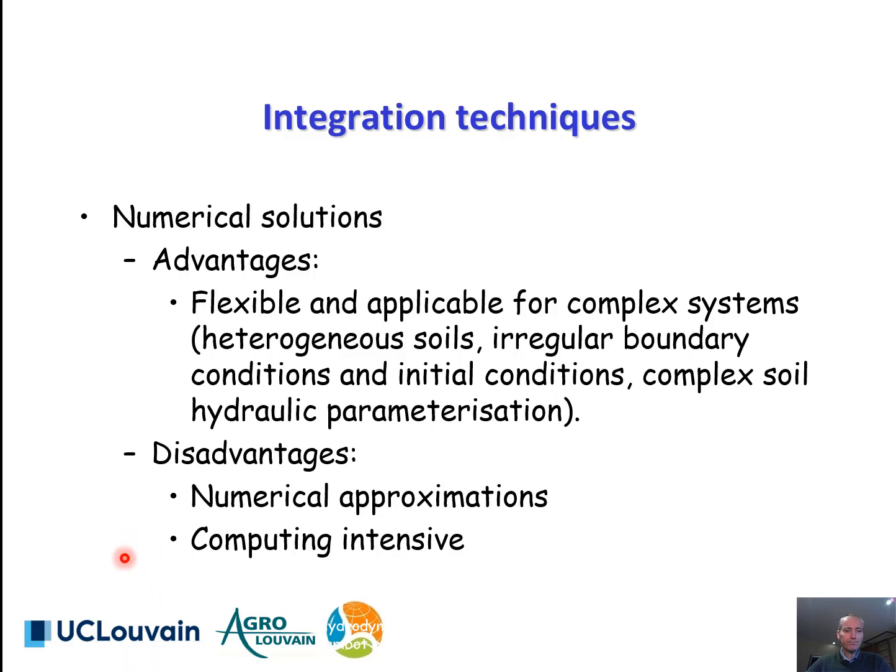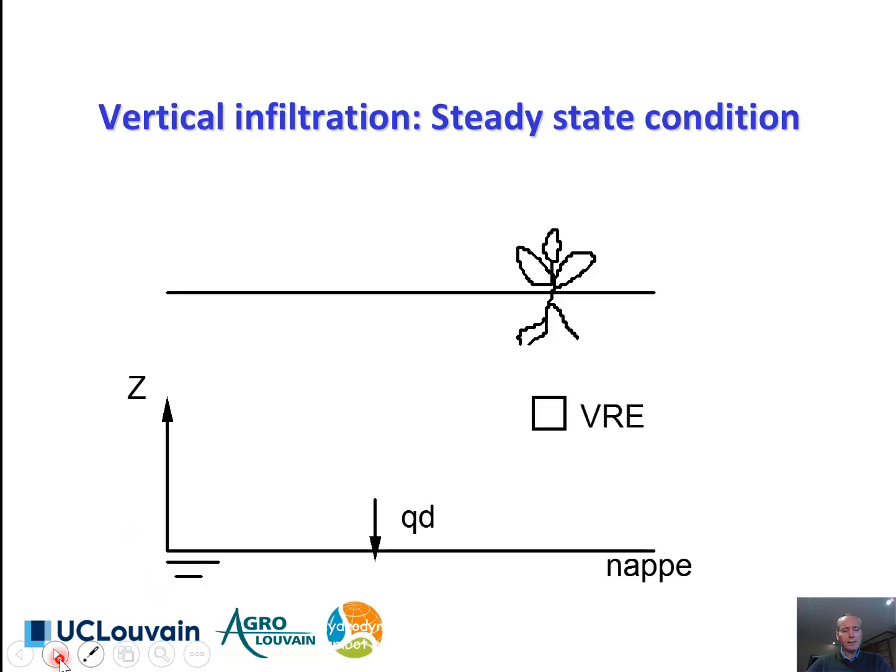So in this slide we are going to introduce you some analytical solution, and we start with a very simple case where we would like to obtain an analytical solution for describing steady-state infiltration in a vertical soil and vertical homogeneous soil. So the situation that we have is as follows.